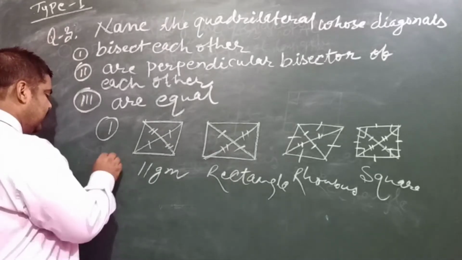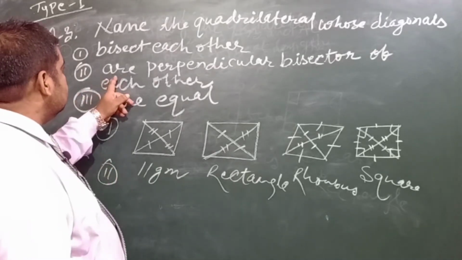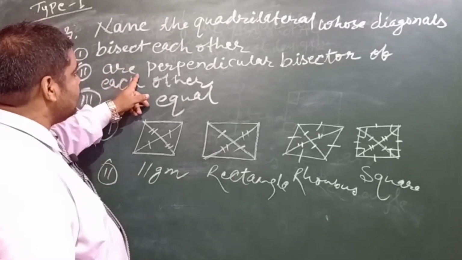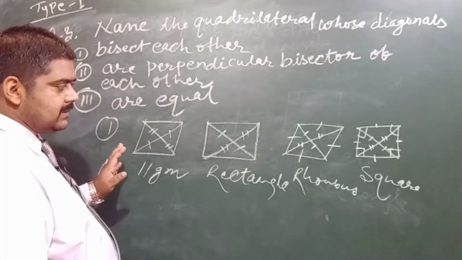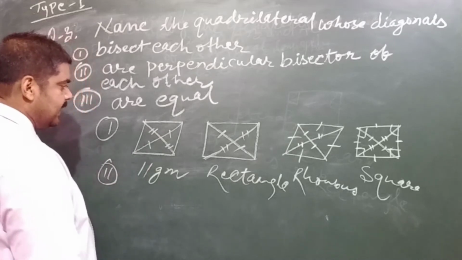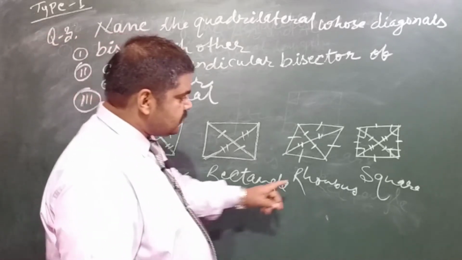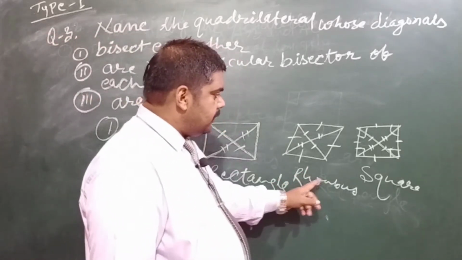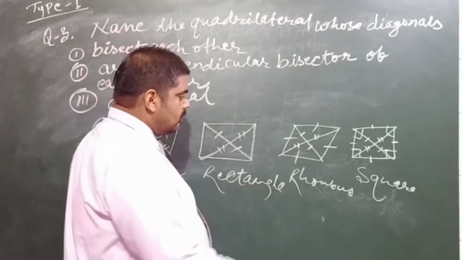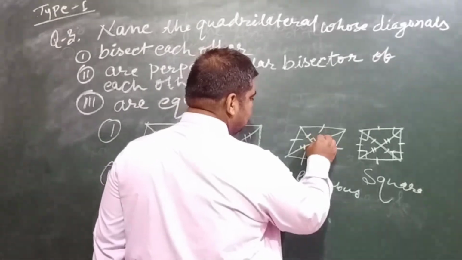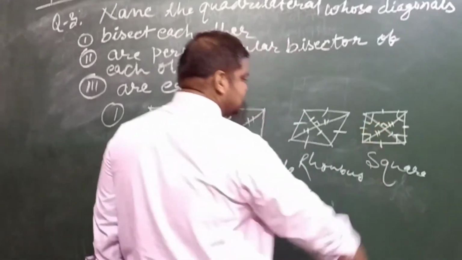The second one is: name the quadrilateral whose diagonals are perpendicular bisectors of each other. In this case, two options you can use: rhombus and square. Because in the case of a rhombus and a square, the diagonals not only bisect but also form 90 degrees.